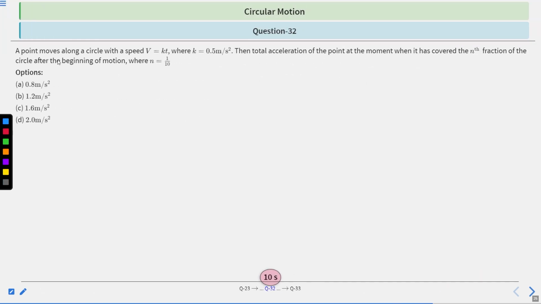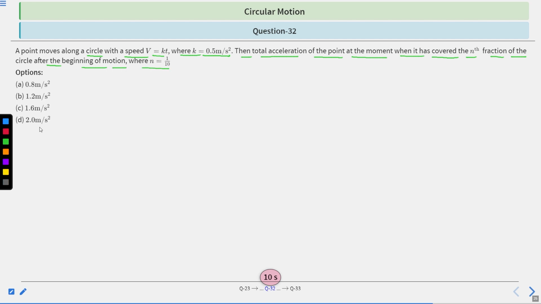A point moves along a circle with speed v equal to kt, where k equals 0.5 meter per second square. Then what is the total acceleration of the point at the moment when it has covered the nth fraction of the circle after the beginning of motion, where n equals 1 by 10?